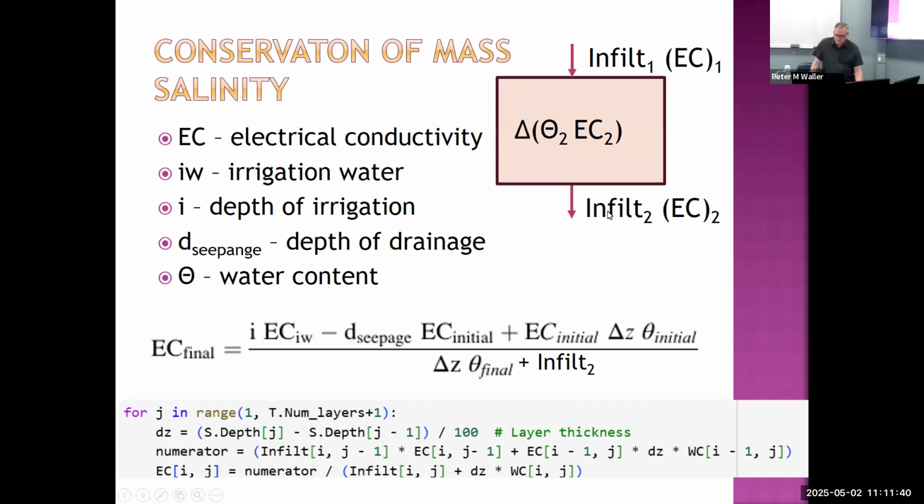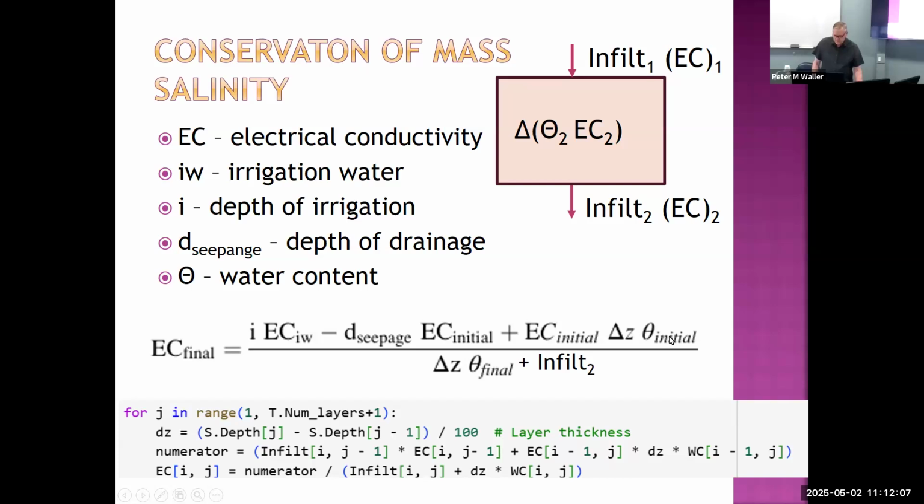So this is the deep seepage, if you want to call it that, times the EC initial. And actually, yeah, EC initial. So it says EC2, but that means layer 2 and not times 2.